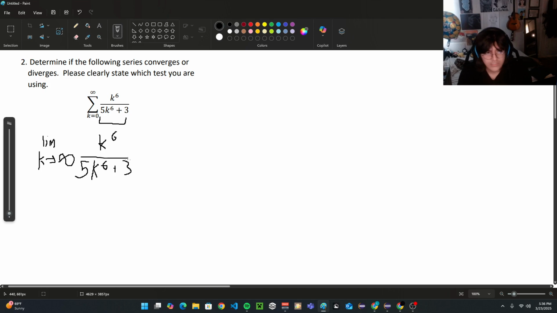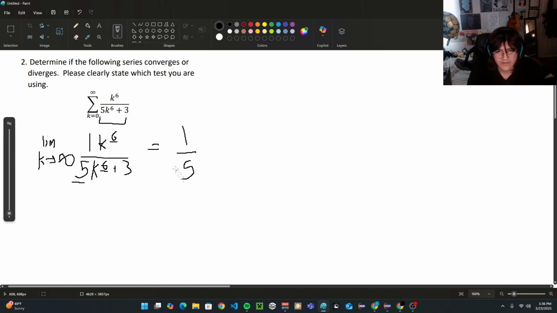Now when dealing with this kind of problem, we can look at the coefficients. The degree of the numerator is 6, and the degree of the denominator is 6. When the degrees are equal, we look at the leading coefficients, and the leading coefficient of the numerator is 1, and the leading coefficient of the denominator is 5.